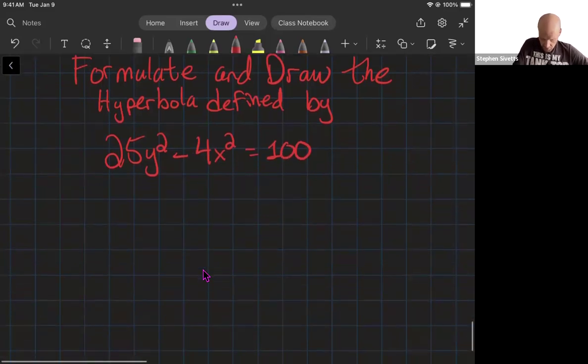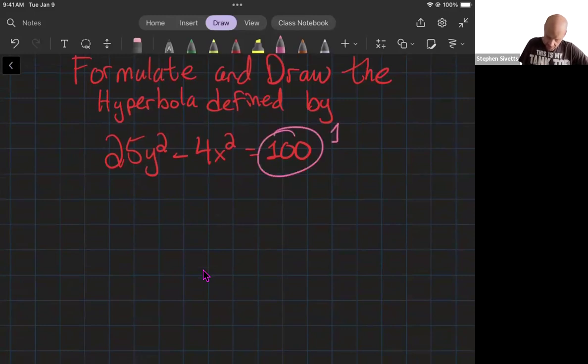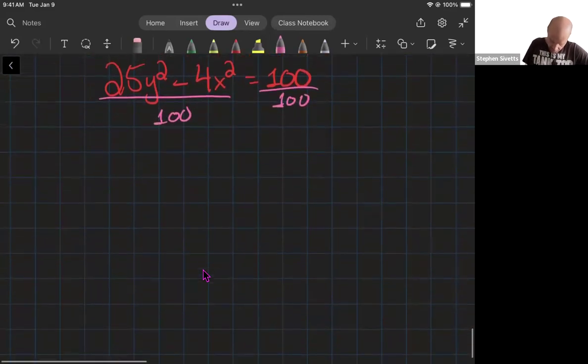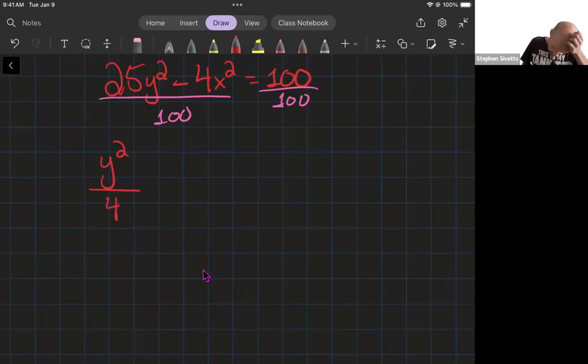So what we want to do is get the right side equal to 1, right? And the way to do this is divide both sides by 100, right? If I divide both sides of this equation by 100, I will get y squared over 4 minus x squared over 25 equals 1, right?